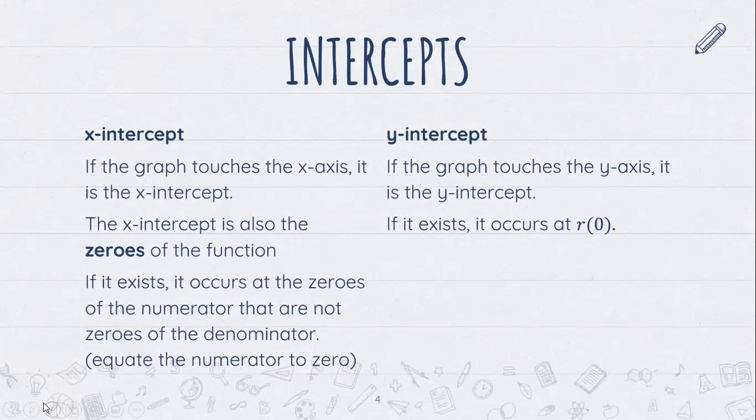If it exists, it occurs at the zeros of the numerator that are not zeros of the denominator. Ibig sabihin po, kukunin natin yung numerator. Kung ano po yung zeros ng numerator na hindi zeros ng denominator, yun po yung ating intercept.